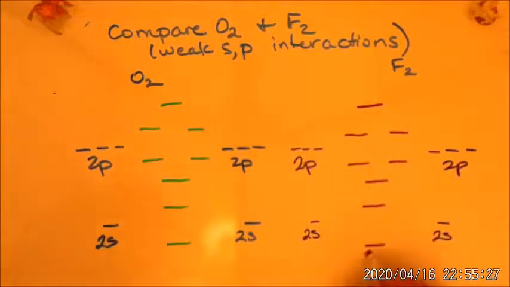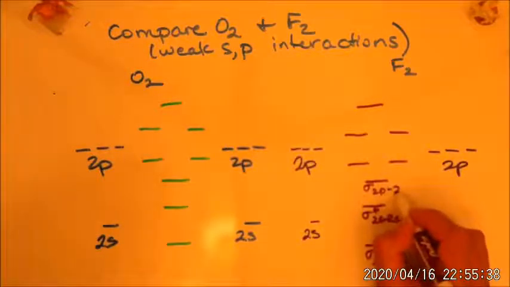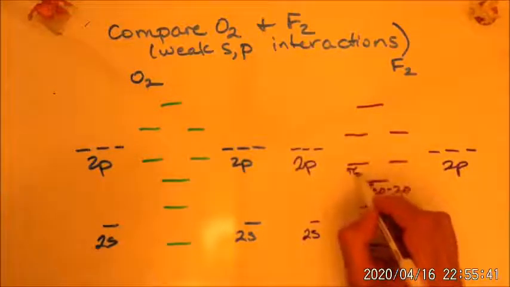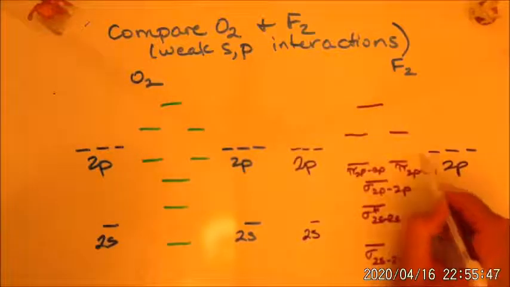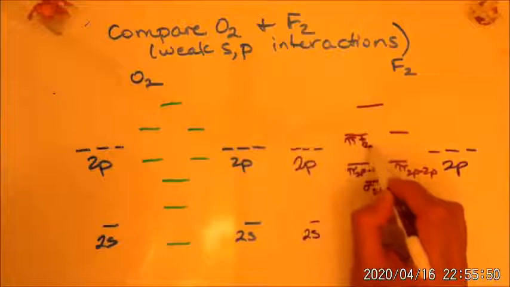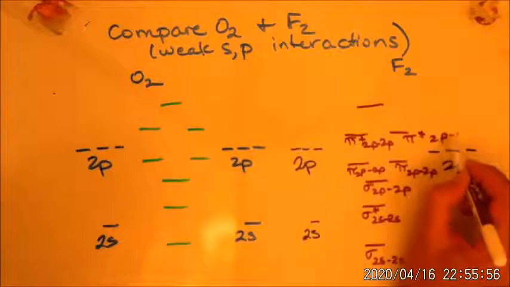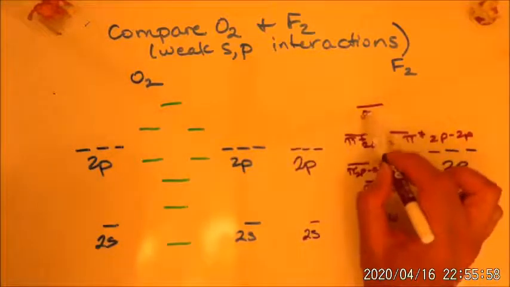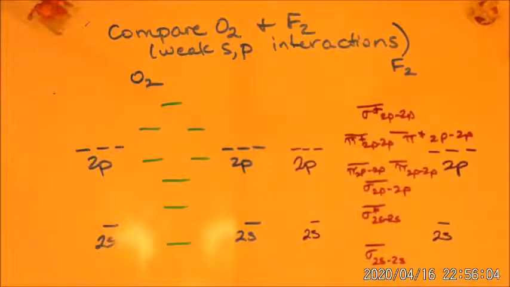So this is sigma 2s, sigma star 2s, sigma 2p, pi 2p, pi again 2p, pi star 2p, another pi star 2p, and a sigma star 2p. We'll do a little this side.